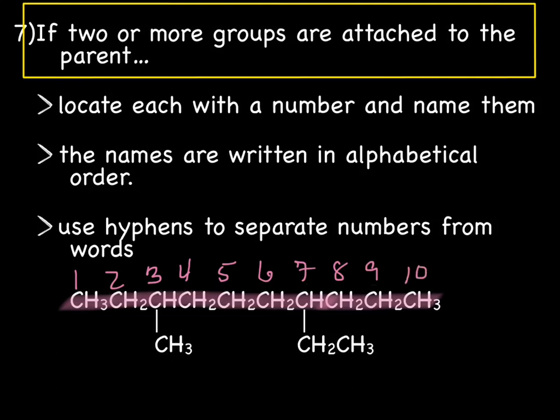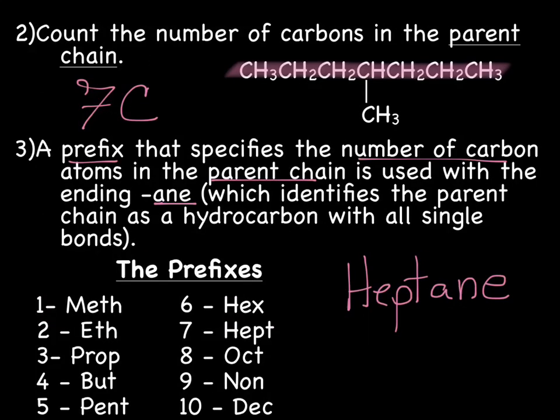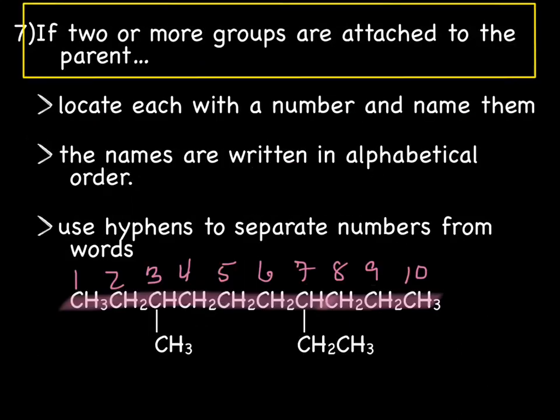All right, so now let's name the parent branch while we're here. A chain with 10 carbons is going to be a dec. So our parent branch is decane, right? It ends in ane. It's an alkane. And our first branch is just like the one we just did, right?